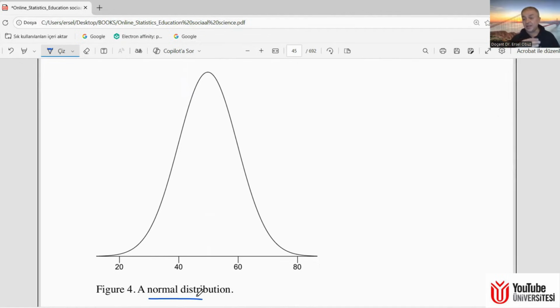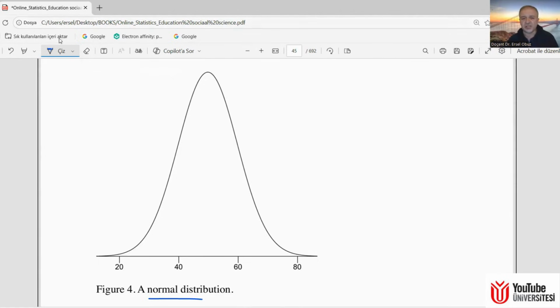You will hear this concept a lot in this course. It's called a normal distribution. And then we use this distribution heavily to calculate probabilities, to establish confidence intervals, and to do hypothesis testing. So normal distribution, we would like our data to follow the normal distribution.